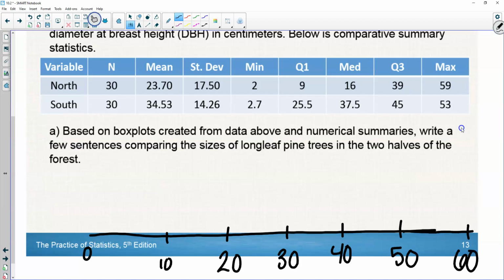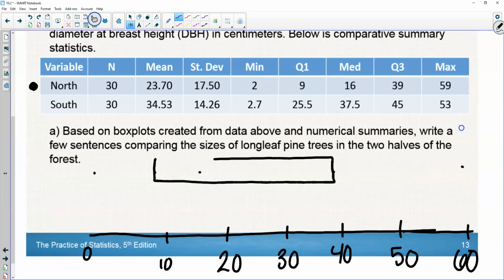On top we'll do the north in the black color: minimum at 2, Q1, median, Q3, max. Okay, that's what that one looks like.